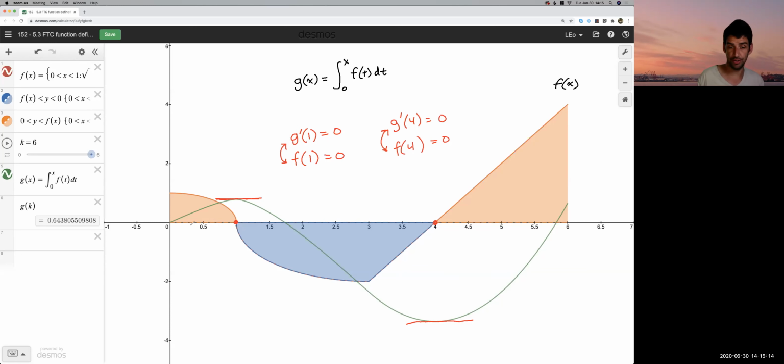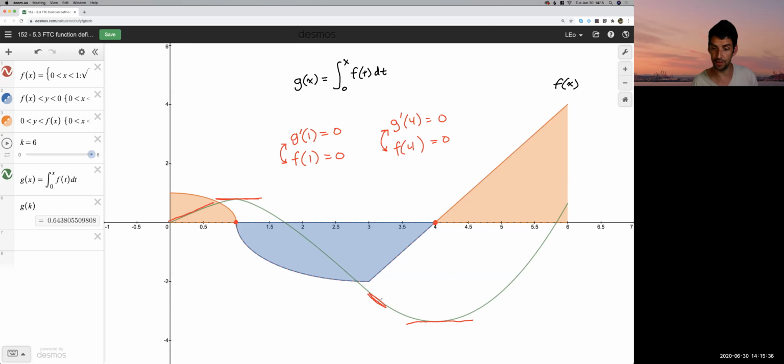I also notice that where the tangent lines of G would be positive, for instance, between 0 and 1, you can imagine drawing a tangent line on this graph. Notice the values of f are positive. Notice as the tangent line seems to get more steep, right?